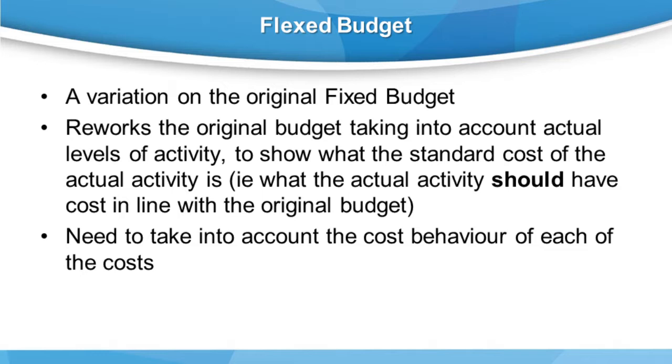We can't change the actual figures, that's what actually happened, so instead we flex the budget. That is, we rewrite the budget to create what it would have been had we originally based it on the actual production level of 2,200 units. This is a bit like the example of the pizzas earlier. Had we known that 20 people were coming, we would have budgeted 20 times £5, which is £100 for pizza.